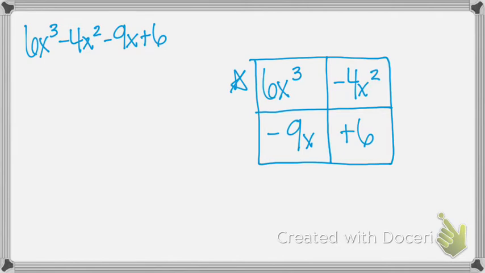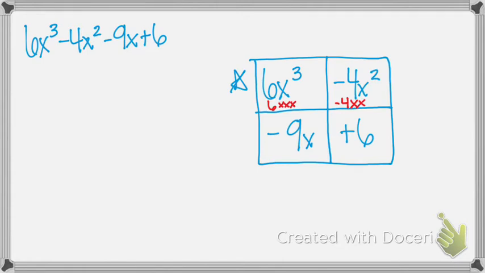We have a 6x cubed and a negative 4x squared.